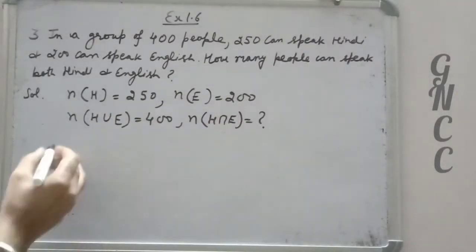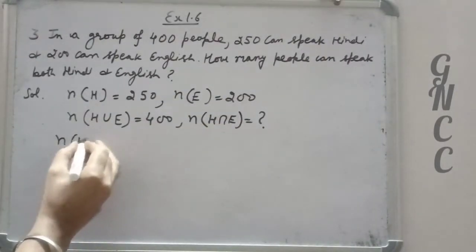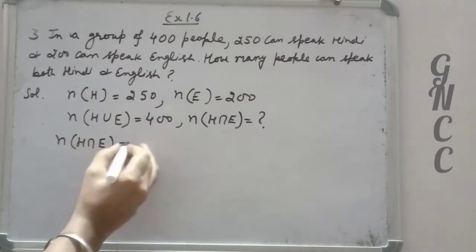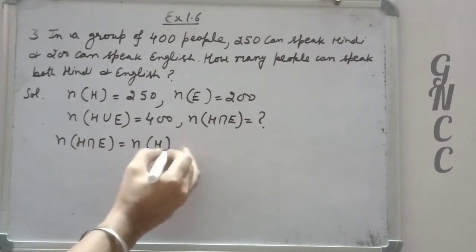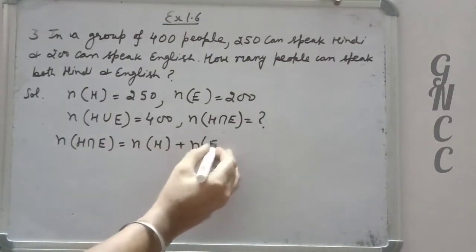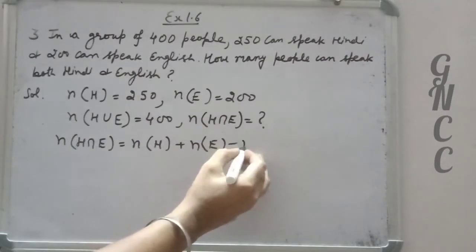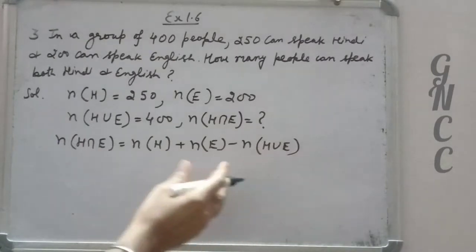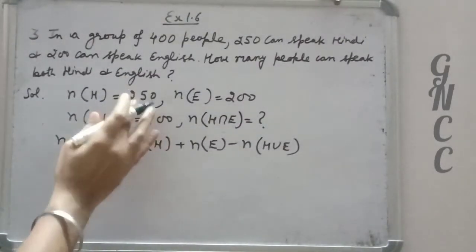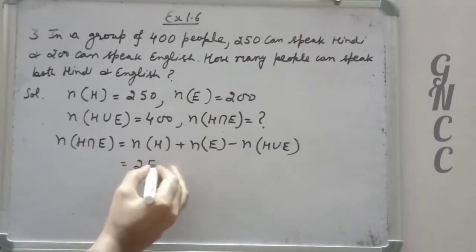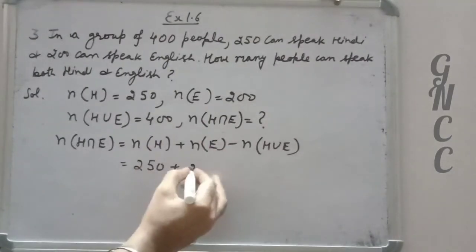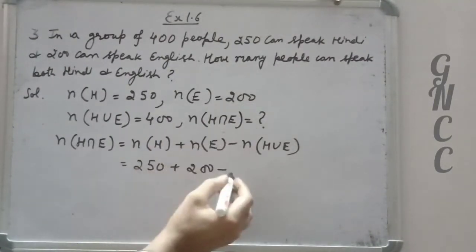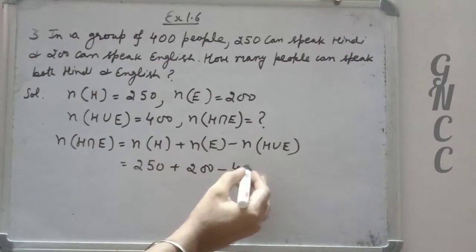Now we know the formula. So n(H intersection E) equal to n(H) plus n(E) minus n(H union E). We have to put the values. n(H) is 250. This is 200 minus this is 400.